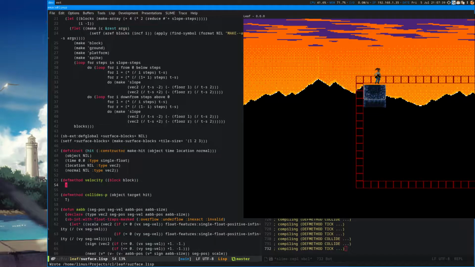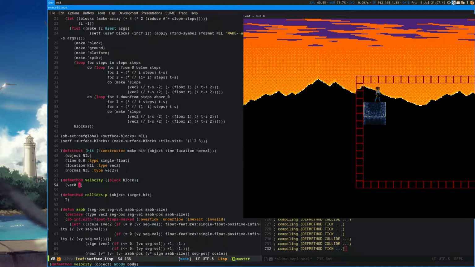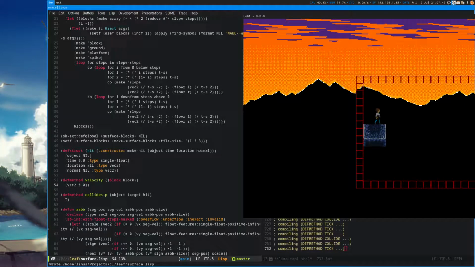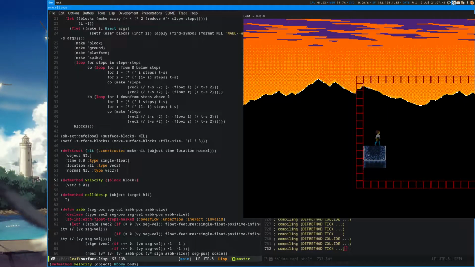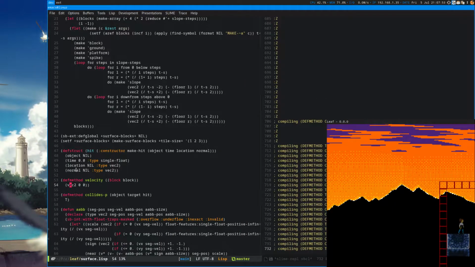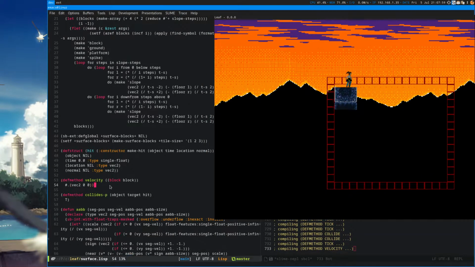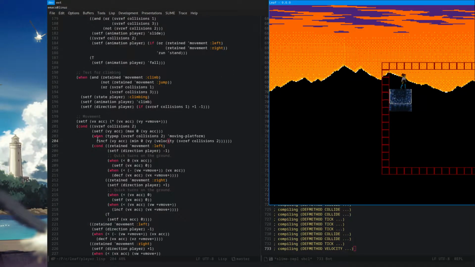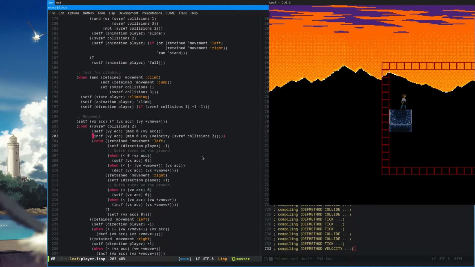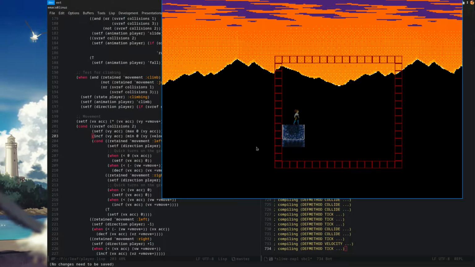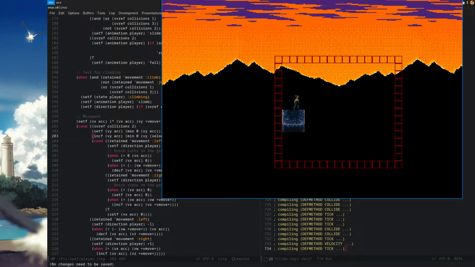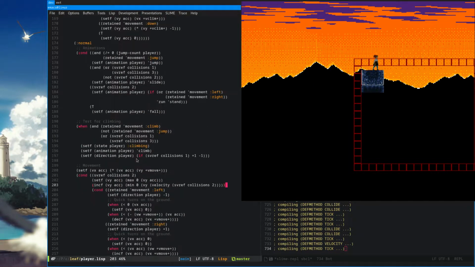For the blocks to just be a vec. Are vec 2s dumpable? I forget. I guess I'll find out. They are, good. So now I don't have to actually check, I can just do this. Hurrah! There's a bit of a hop when the velocity changes, whoop. But I expected that, okay.